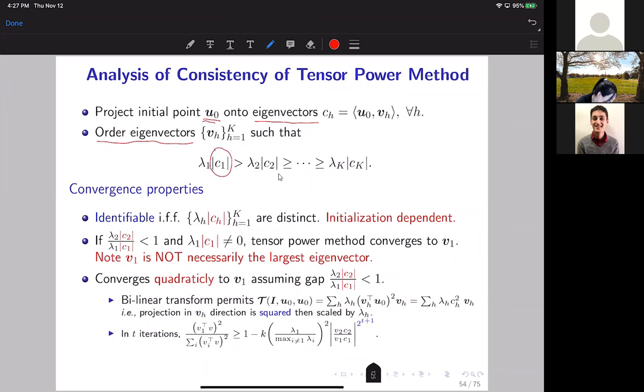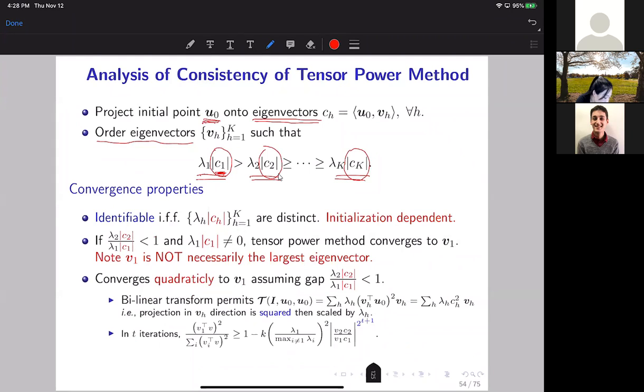I have this extra term here: the absolute value of these projection coefficients. So I order it as lambda_i multiplied by the absolute value of C_i, where C_i denotes the projection onto this basis. The multiplication of the two is the thing that I'm ordering. The reason why I'm doing that, you'll see in a second, when we see the convergence property.